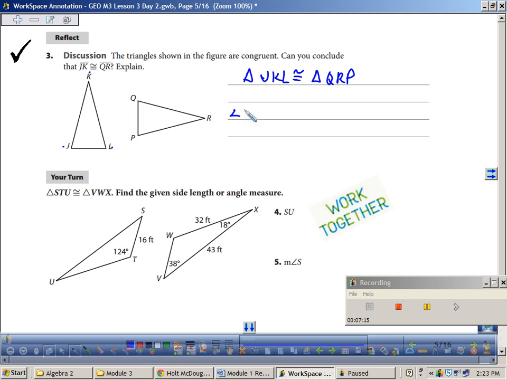So I would have angle J is congruent with which angle? Q. You can look at them right here, right? J and Q. What about angle K? Congruent with angle R. And what about angle L? Angle P. Oops, need the angle.